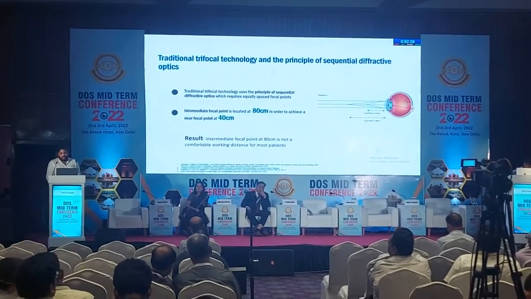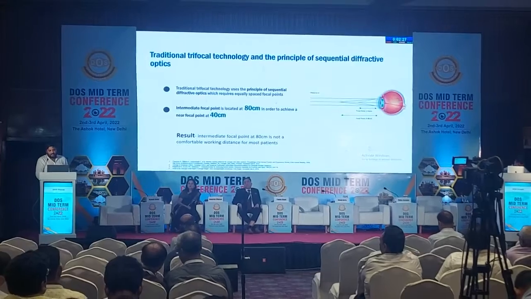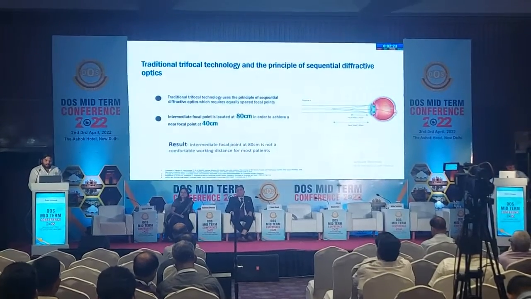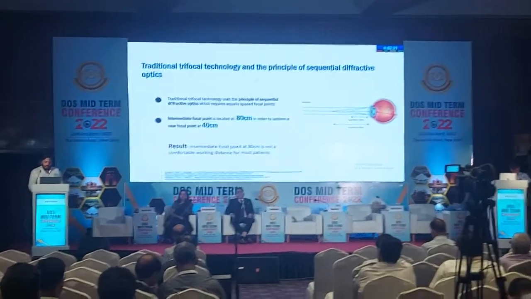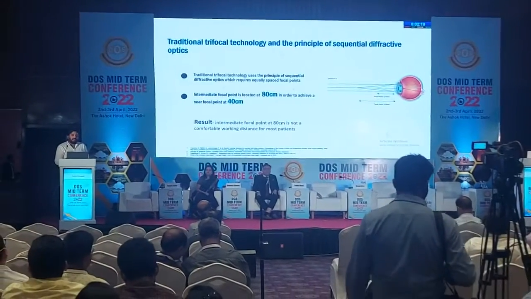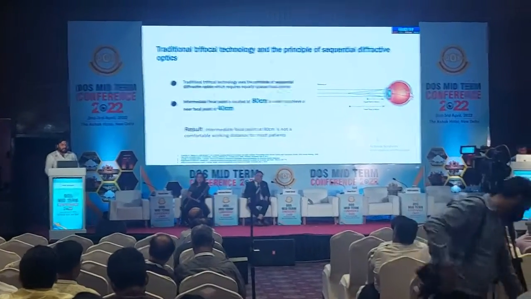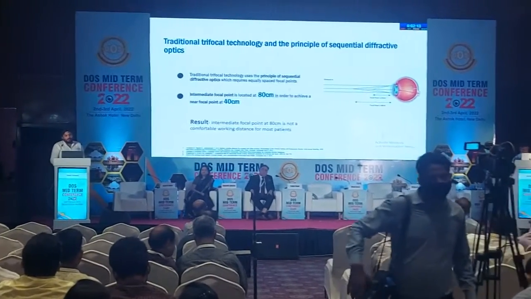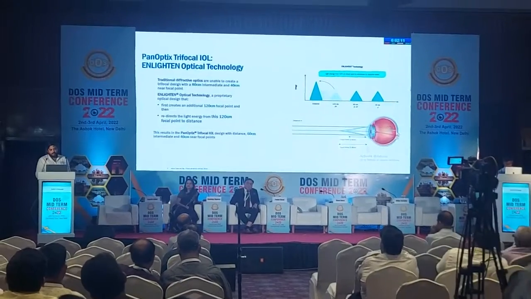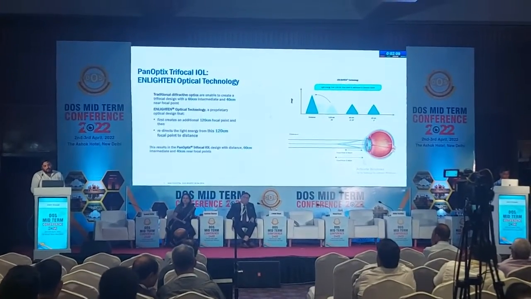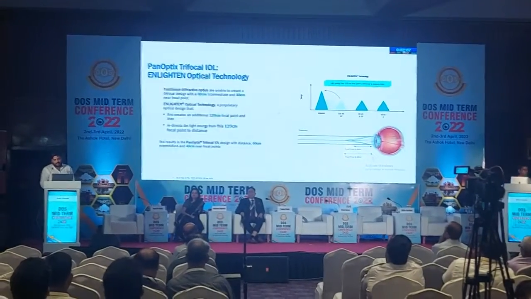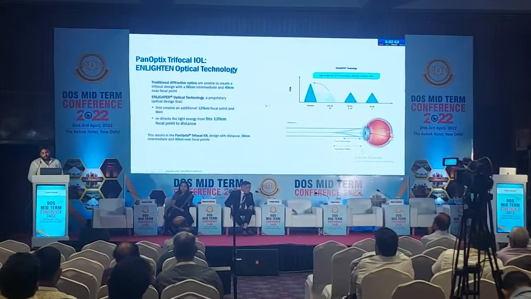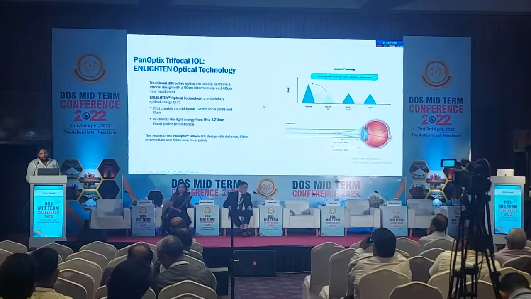Now, traditional trifocal technology uses the principle of sequential diffractive optics, and in the majority of these trifocals, the intermediate is created at around 80 centimeters, which is a little bit away from what it ideally should be. Now, speaking of Panoptics, because of the enlightened technology which we discussed earlier, it gives an intermediate around 60 centimeters, which is closer to what the intermediate should ideally be.